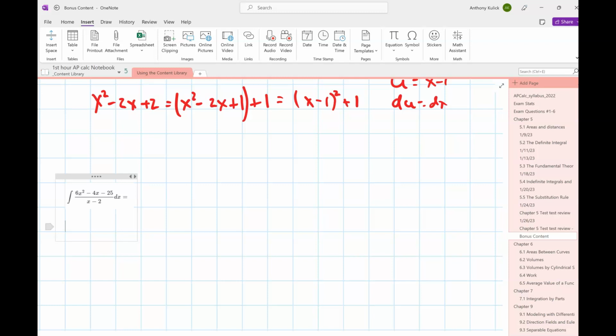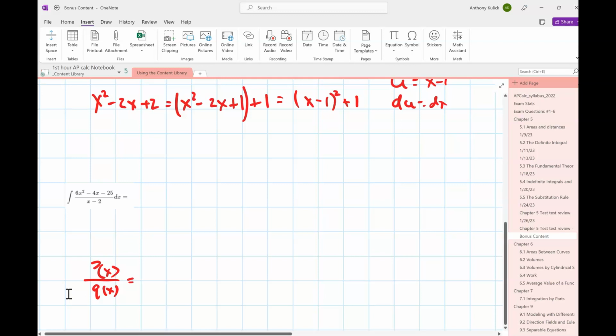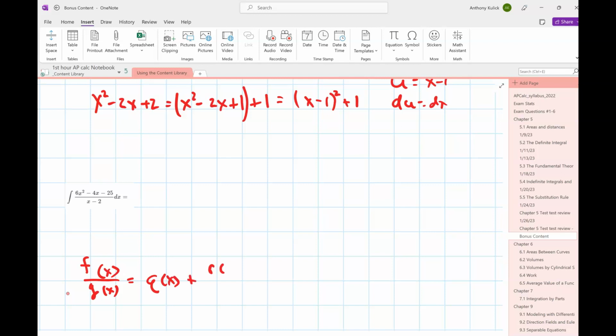Was there another way that I can write a rational function? So if you have some rational function, I'm going to call these f and g. You can always write that as a quotient plus remainder over divisor.